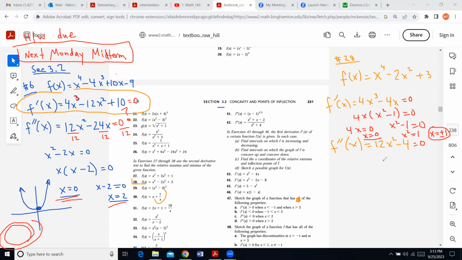For the second piece, I can do analogous solutions. So I can write 12x squared is equal to 4. Divide both sides by 12, and we're going to get 1/3, right? And then I'm going to have to take the square root of that 1/3. So x will be plus or minus the square root of 1/3. So the point of the story, I found another 2 special points.